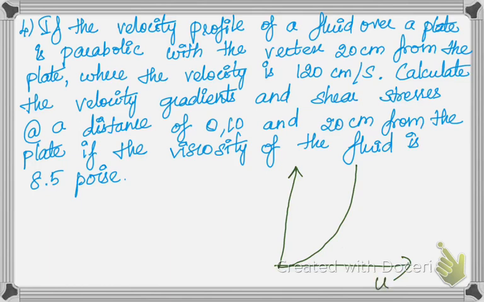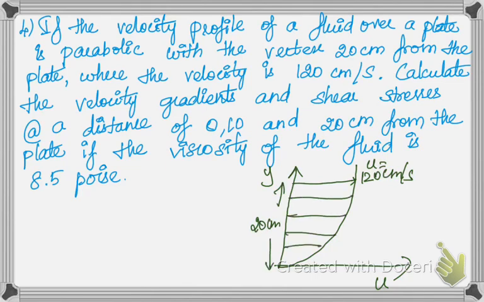So I am taking this as u and this as y. This velocity is going to be 120 centimeter per second, that is my u is going to be 120 centimeter per second, and the distance from the vertex of the plate is going to be 20 centimeter. So this is what is given in the problem.